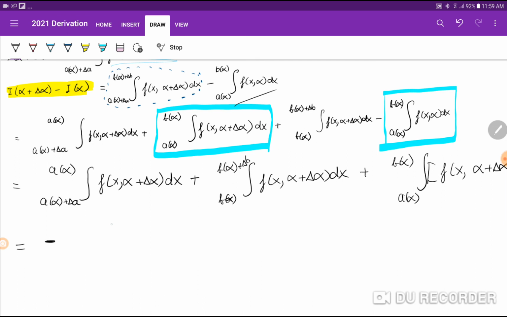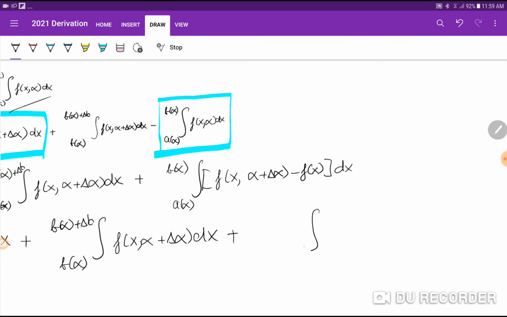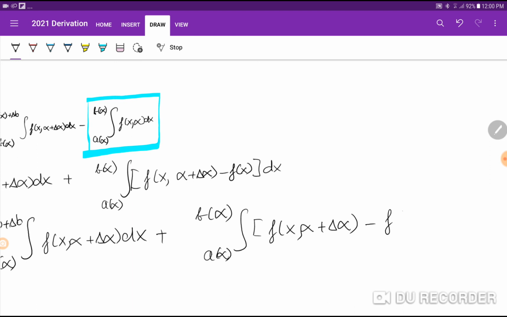So this is negative, the integral from a(alpha) to a(alpha plus delta a) of f(x, alpha plus delta alpha) dx, plus the integral from b(alpha) to b(alpha plus delta b) of f(x, alpha plus delta alpha) dx, plus the integral from a(alpha) to b(alpha) of [f(x, alpha plus delta alpha) minus f(x, alpha)] dx.